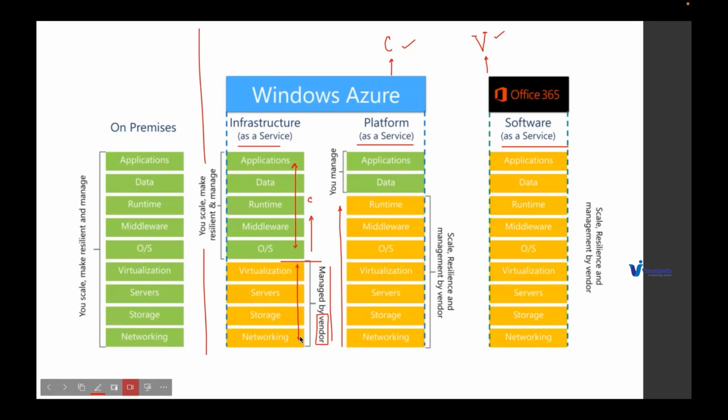Then I will have my Azure admin, who is a Toyota employee, managing the green part. Or let's take an example where Toyota has outsourced its IT infrastructure management to some other IT vendor.